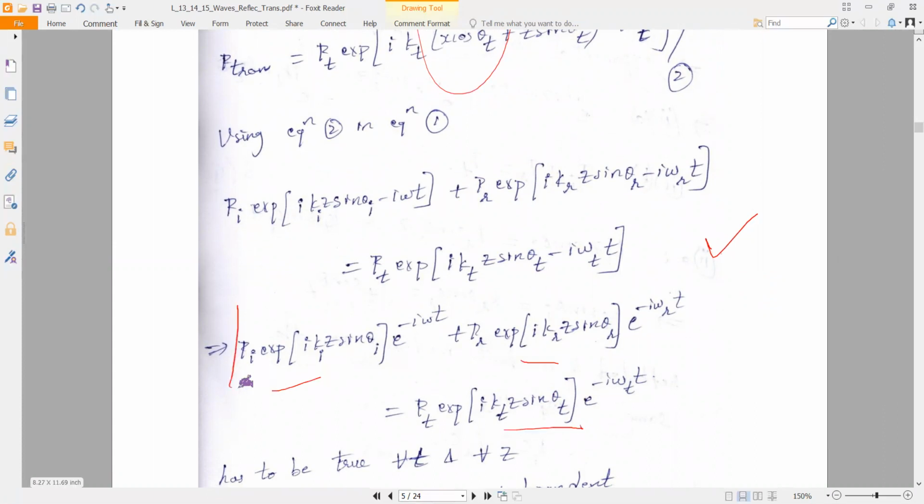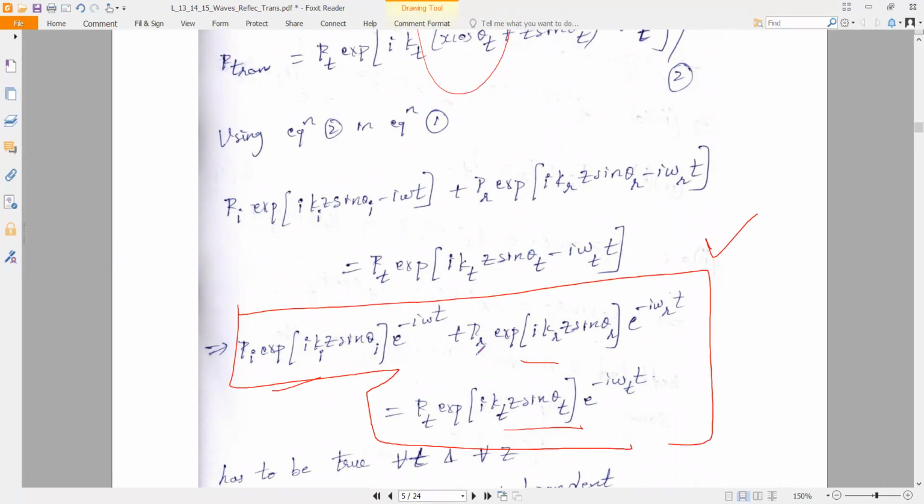Okay, if you carefully observe this expression, it has Pi, Pr, Pt, ki, kr, kt, and omega, omega r, omega t, where each of the omegas are the corresponding angular frequencies of the incident, reflected, and transmitted waves. Now, this equation has to be true for all values of z.